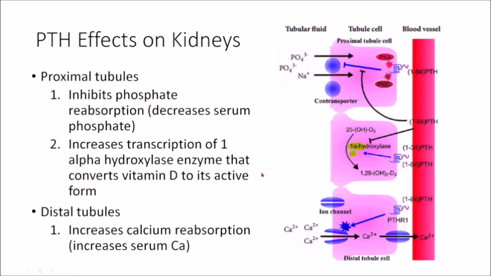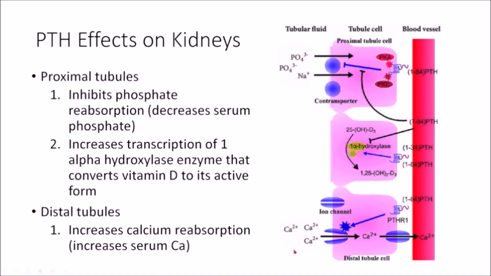Additionally, PTH is able to increase the amount of calcium in the blood because it increases the transcription of the 1-alpha hydroxylase enzyme. This is the enzyme that converts 25-hydroxy vitamin D3 into calcitriol, which is the active form of vitamin D. This active form of vitamin D goes on to bind in your intestines and increase the amount of calcium in your blood.